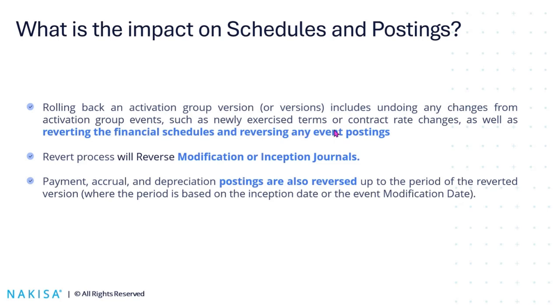If you have any newly exercised terms, contract rate changes, indexation, as well as reverting the financial schedule and reversing any event postings. The revert process will reverse modification and inception journals, and all three postings, which are the payment, accrual, and depreciation, will all be reversed.